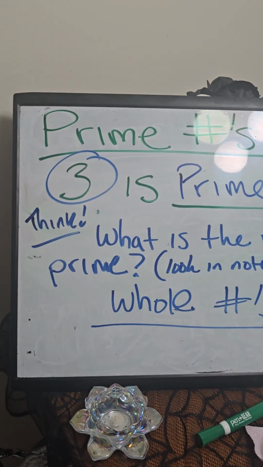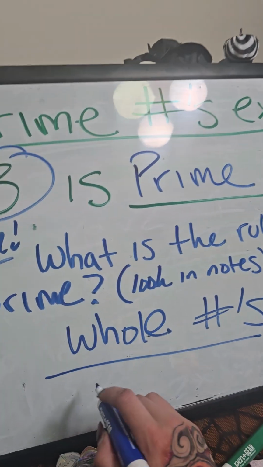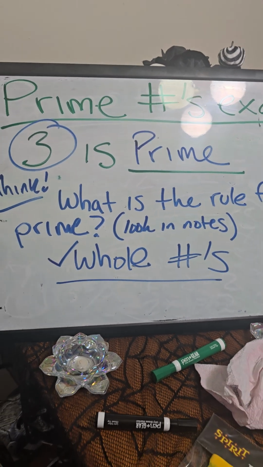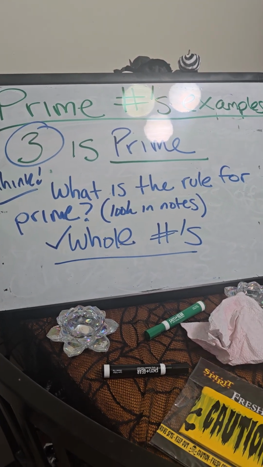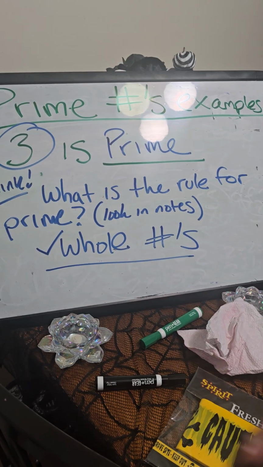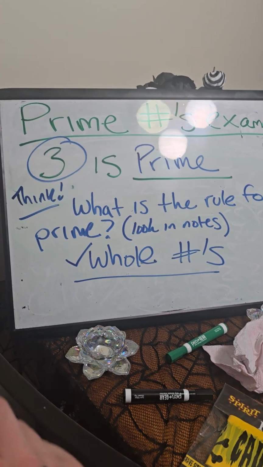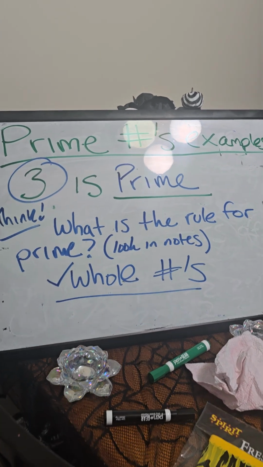Is there a decimal or fraction? No, so is 3 a whole number? Yes, 3 is a whole number, so that meets one rule. Our other rule for prime numbers is that there's only factors of 1 and itself, meaning I can't multiply anything other than 3 and 1 in order to get 3.